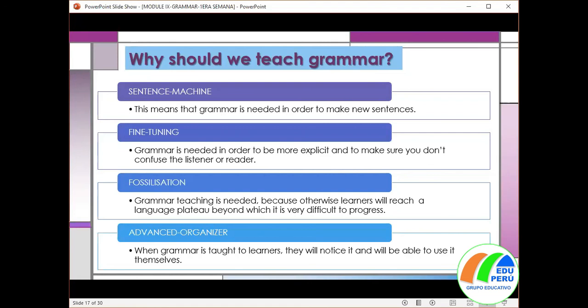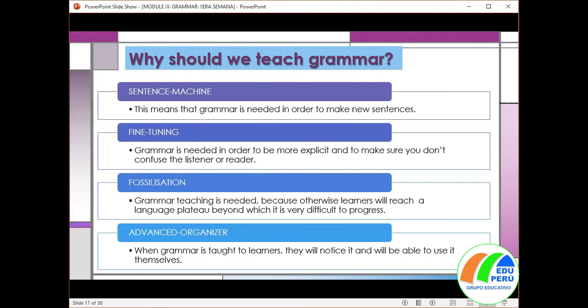The other one is fossilization. Grammar teaching is needed because otherwise learners will reach a language plateau beyond which it is very difficult to progress. Now, fossilization, I don't know if you have heard about this term. We talked about this term when we talked about writing, fossilization, and speaking too. Fossilization is when you repeat a mistake a lot of times, and it's difficult for you to change it.